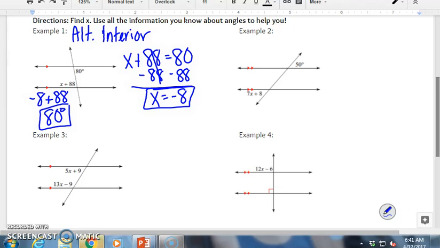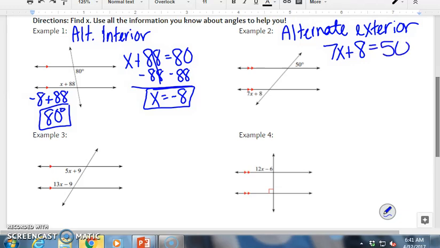All right, example 2. These are alternate, because they're on opposite sides, and they are outside. So these are alternate exterior angles. Remember, alternate exterior angles equal each other. So we're going to take 7x plus 8 equals 50. So we solve the two-step equation.